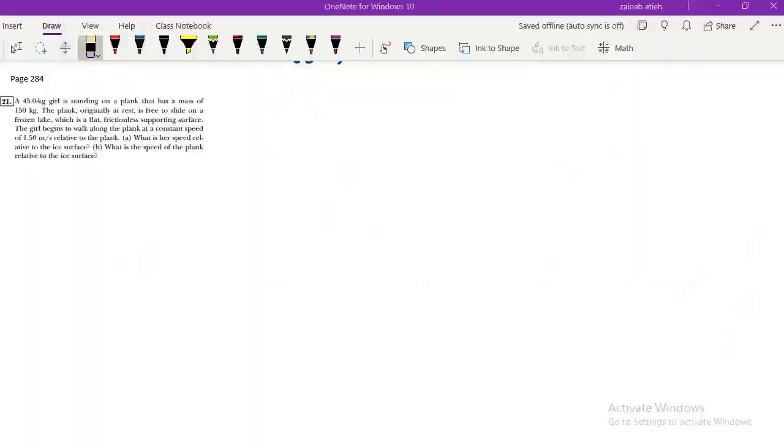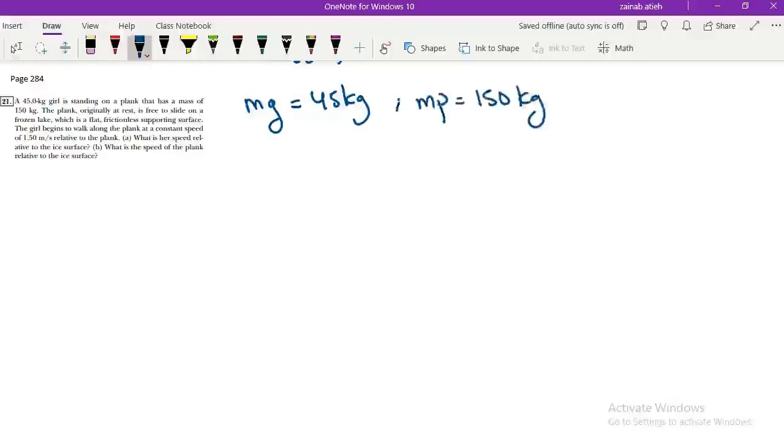Now I will solve problem 21, page 284. A 45 kilogram girl is standing on a plank that has a mass of 150 kilogram. So the mass of the girl is 45 kilogram and the mass of the plank is 150 kilogram.